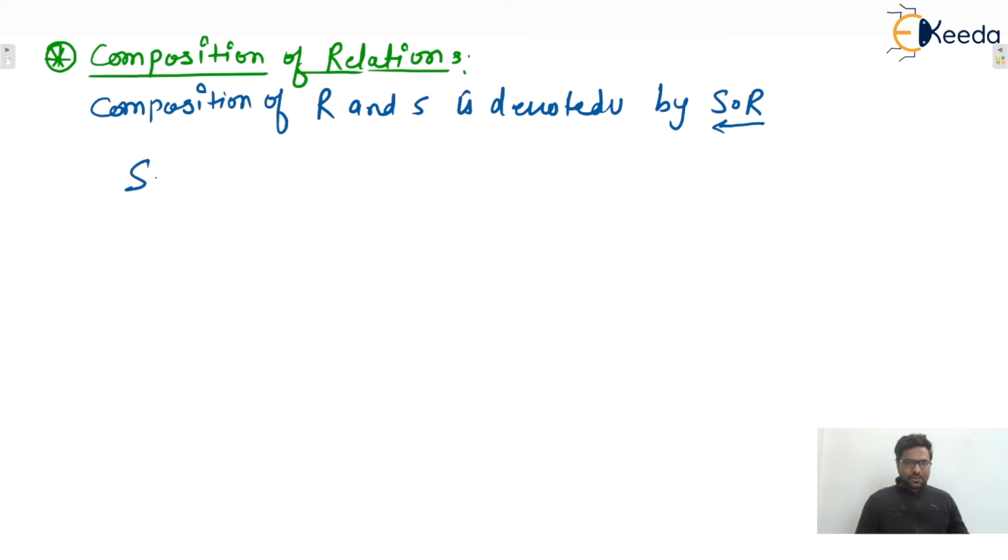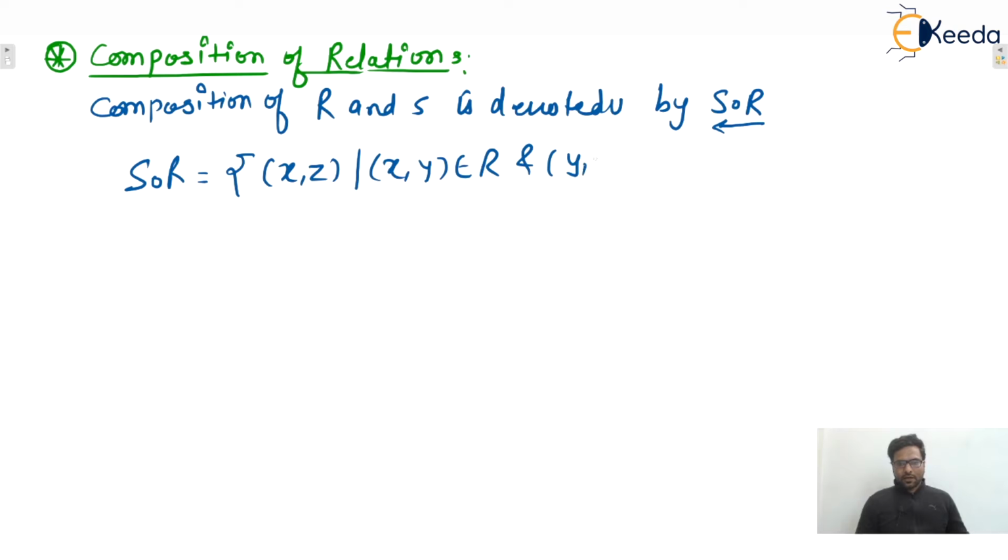And it is defined as all pairs (x, z) such that (x, y) belongs to relation R, and (y, z) belongs to relation S.